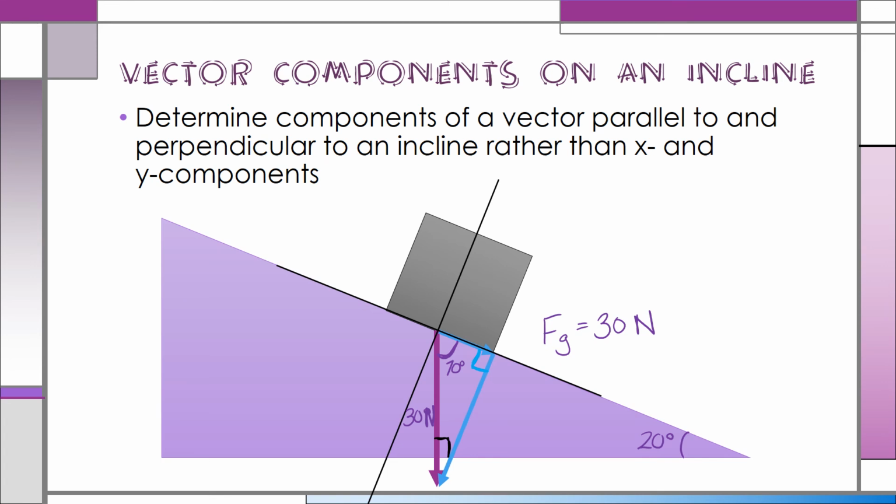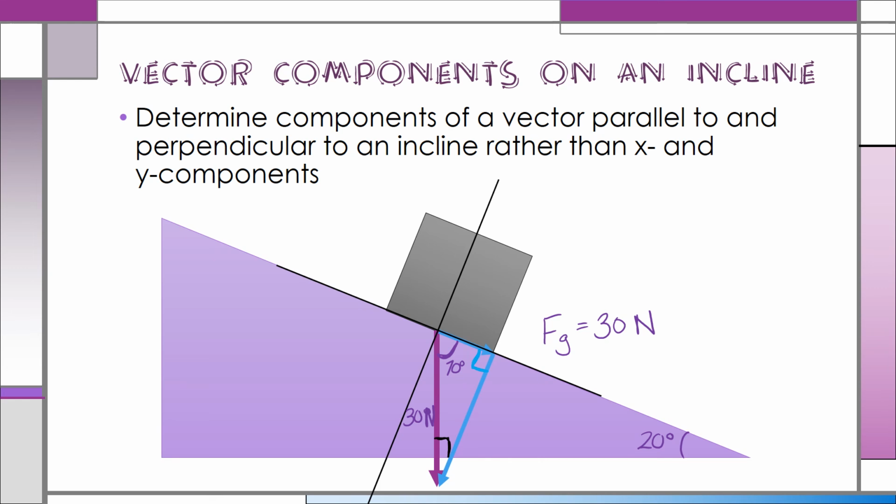That comes from the fact that the angles within a triangle, and the triangle that I'm looking at looks like this, must add up to 180. So I have 90 degrees here, I have 20 degrees here, and I have 70 degrees here.